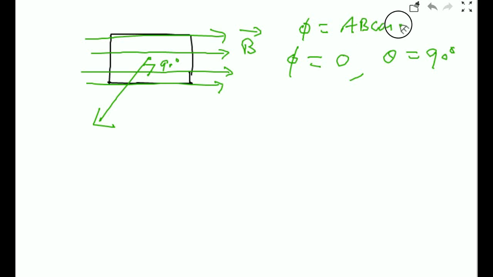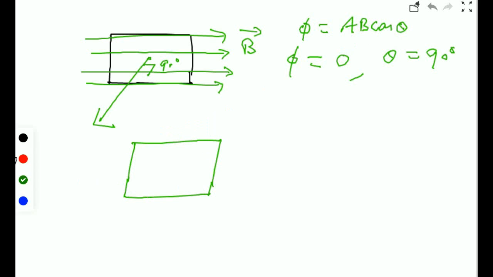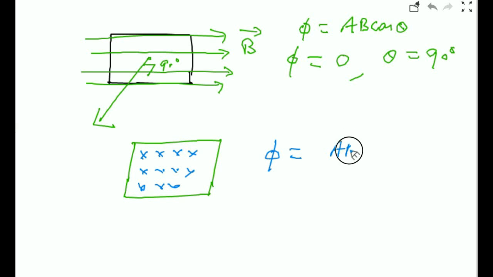Now the second case: if you have the same coil but the direction of the magnetic field is a cross or dot, into the plane, then the flux will be AB cos 0 degrees, so the flux will be maximum.